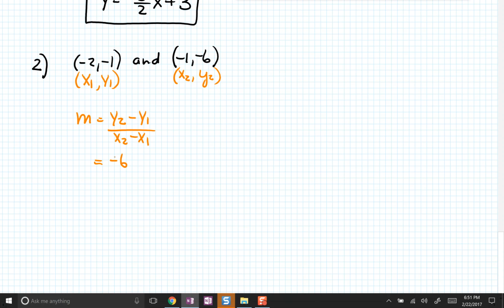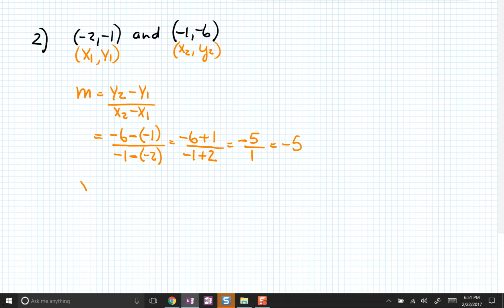Y2 is negative 6 minus negative 1 divided by negative 1 minus negative 2. So now this becomes negative 6 plus 1 over negative 1 plus 2. Well, negative 6 plus 1 is negative 5. Negative 1 plus 2 is 1. So that just becomes a negative 5 for the slope.